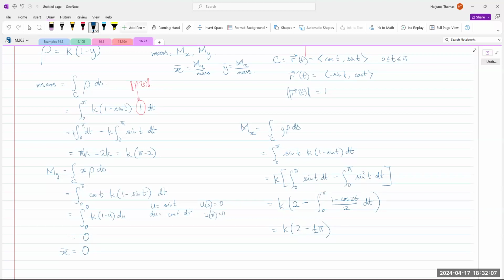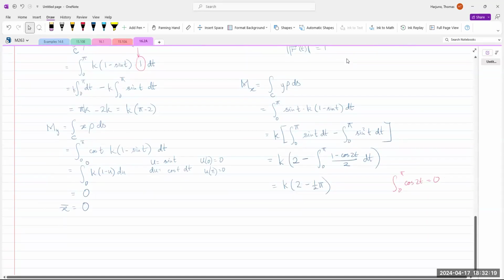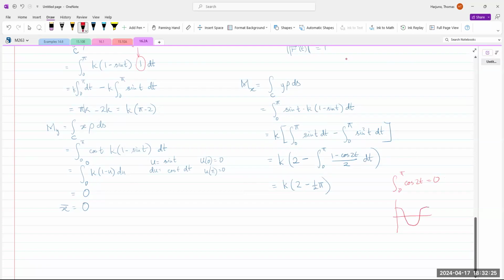In other words, the integral from 0 to pi of cosine 2t is equal to 0. How do you know that? Well, cosine 2t has period pi, so the area under the curve from 0 to pi cancels out.